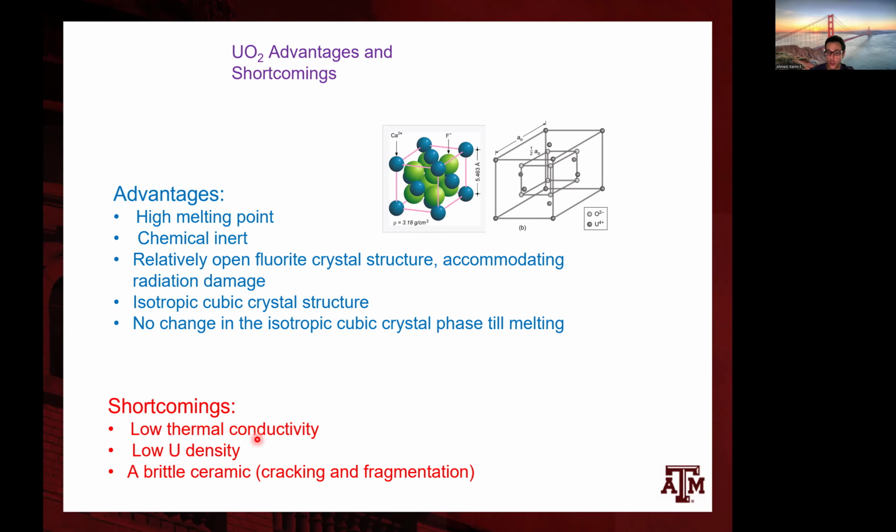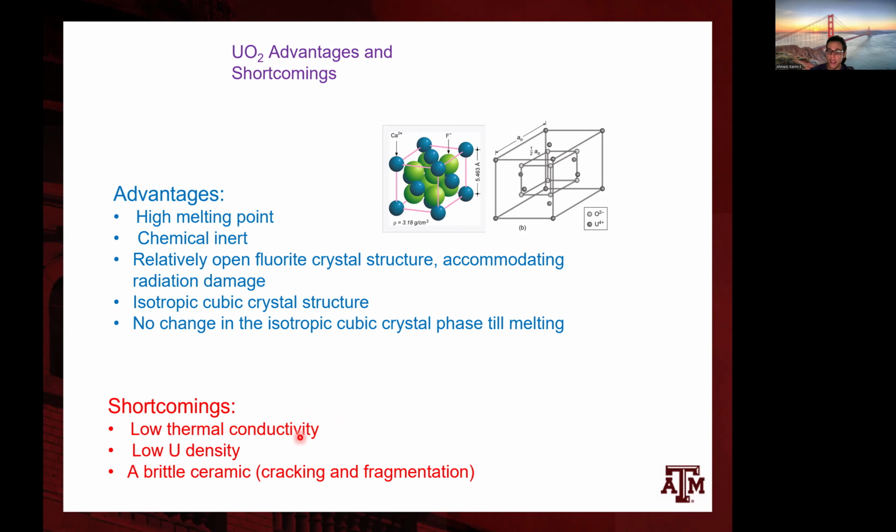The shortcoming that is very relevant to our talk today is the fact that it has low thermal conductivity. So that means it's not a perfect choice for heat extraction, as we said before.